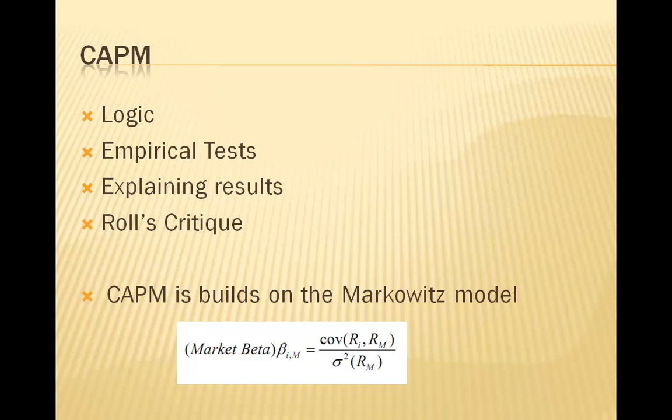The zero-beta asset return will then be riskless in the market portfolio, since it contributes nothing to the market return volatility. With the presence of risk-free lending and borrowing, an asset with zero beta must earn the risk-free rate. Thus the Sharpe-Lintner CAPM was defined as return equals the risk-free rate plus beta times the return of the market minus the risk-free rate.